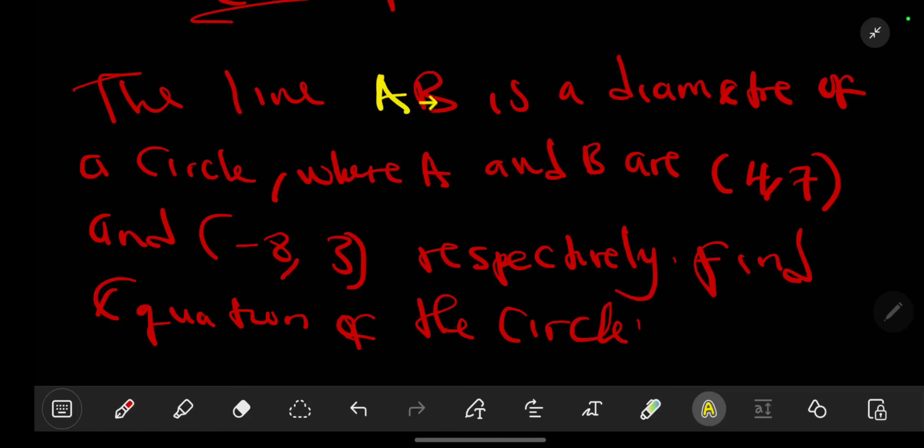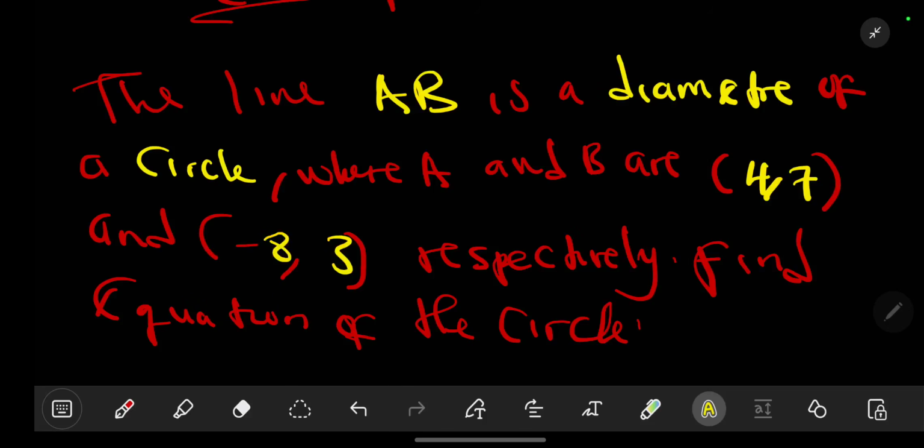So we have this question. The line AB is a diameter of the circle where A and B are (4, 7) and (negative 8, 3) respectively. Find the equation of the circle.